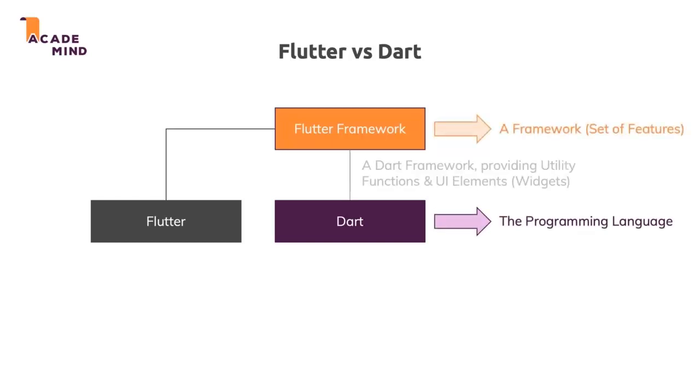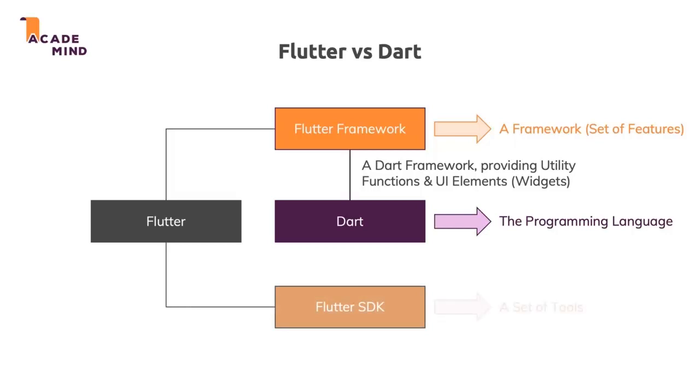Flutter then just is a collection of tools, a set of features, utility functions, and these widgets which are implemented using Dart so that you don't have to reinvent the wheel there, but you can write your own Dart code and use these existing widgets in your code so that you don't have to, again, reinvent how a button should look like and work, but use the pre-built button instead and then just customize it to your requirements. That's how this works. And in addition, as mentioned, Flutter also gives you that SDK, so all these tools for compiling your code in the end.